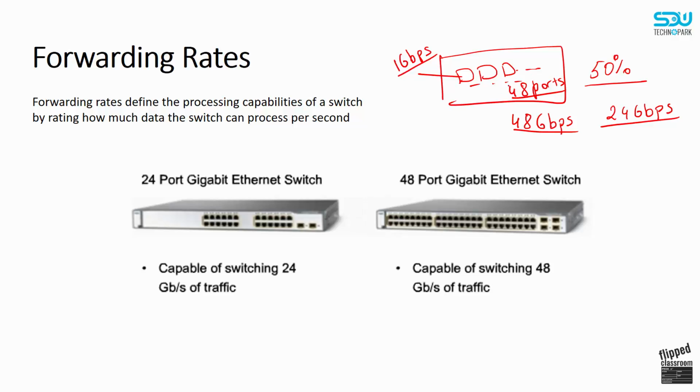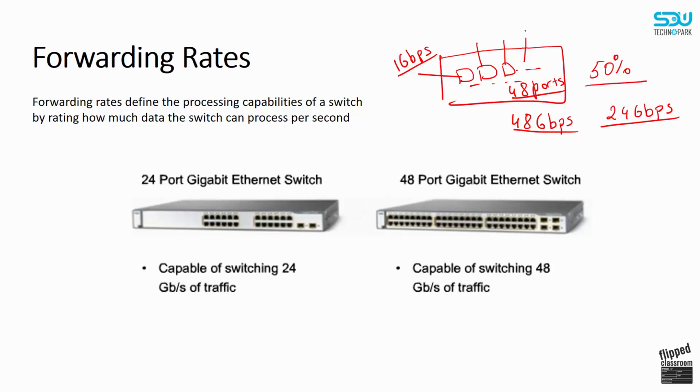It means that only in the scenario when you have up to 24 ports, your switch will work at 100%. But if the number of used ports is more than 24 in this example, then the speed will be shared on the ports, so that up to 50% loss you can have. It depends on the vendor.